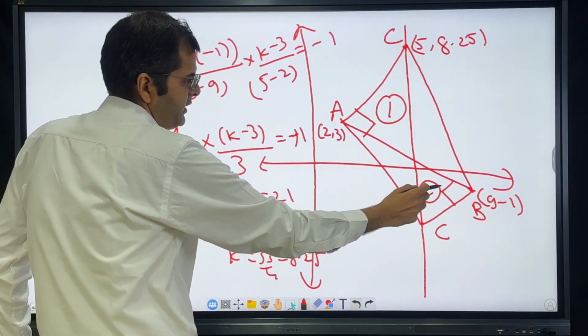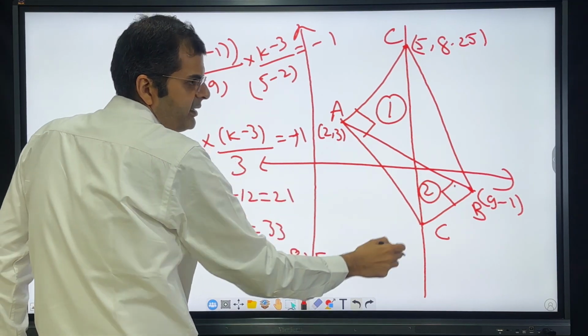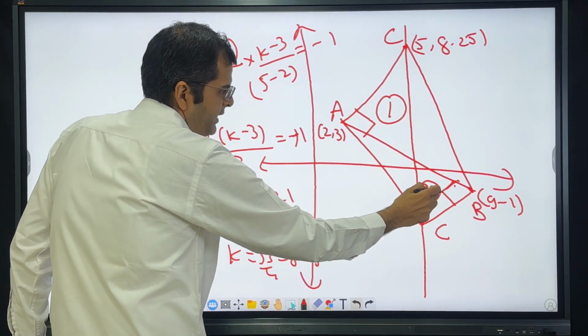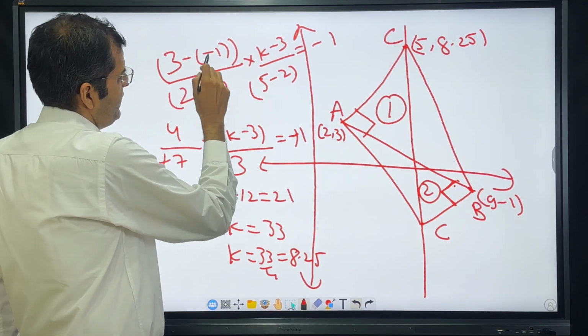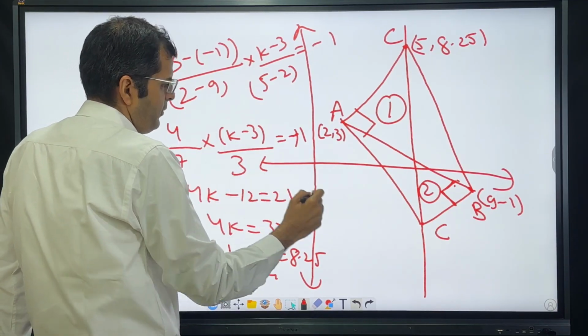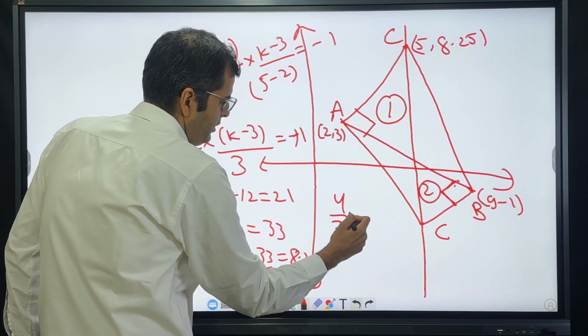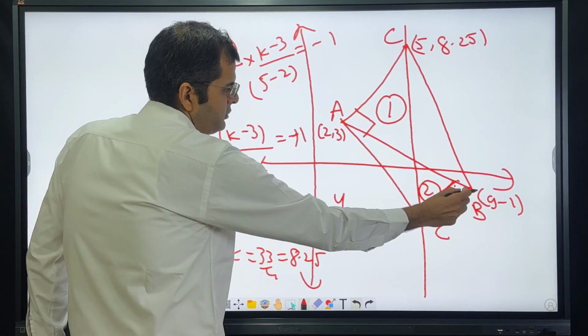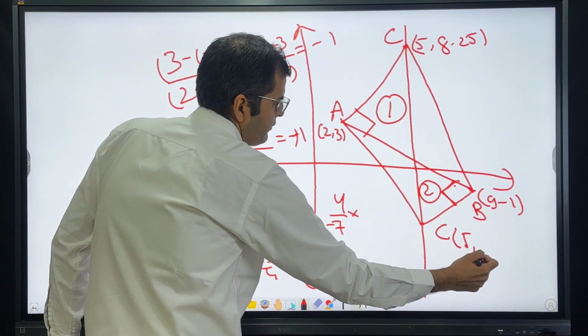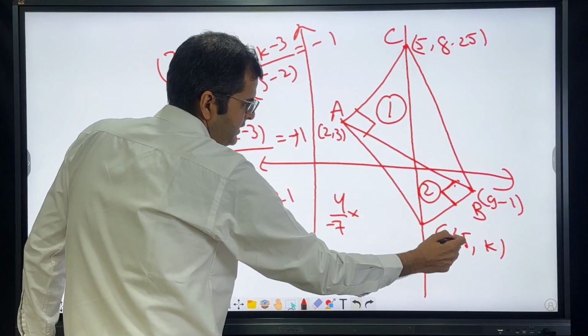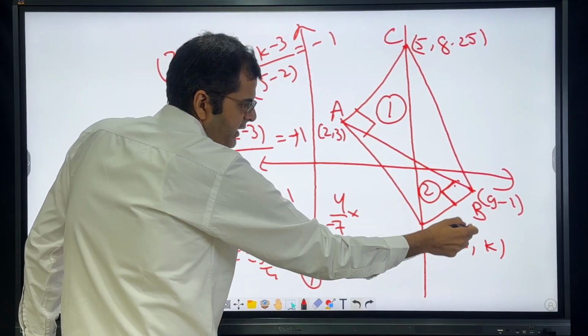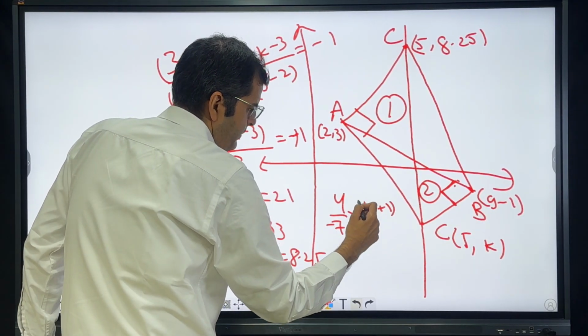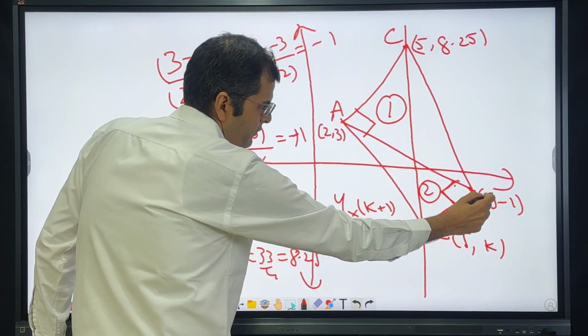Now we will look at the scenario in which I am getting a right angle at B. So if I am getting a right angle at B, slope of AB is the same, (3 minus -1) upon (2 minus 9), which is 4 upon -7. So it is 4 upon -7 multiplied by now slope of BC, where C is (5, k). Slope of BC will be (k minus -1), which is k plus 1, divided by (5 minus 9).